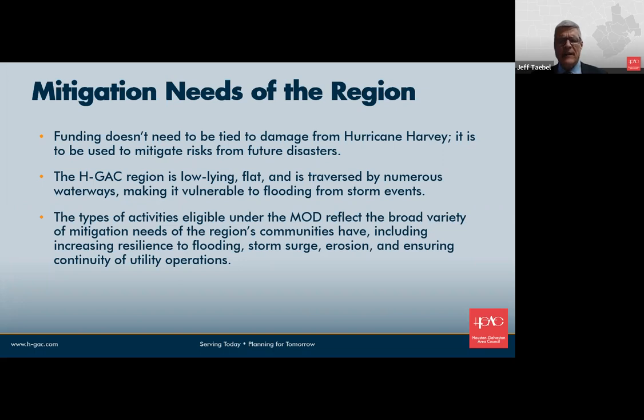And the type of activities that we want to make this method of distribution reflective of include increased resilience to flooding, storm surge, impacts of erosion on some of those major water bodies, whether they be rivers or bayous, and then making sure that we can ensure utility operations. But we're certainly interested in hearing from you if there are other major mitigation needs that we should be considering in the development of this method of distribution.